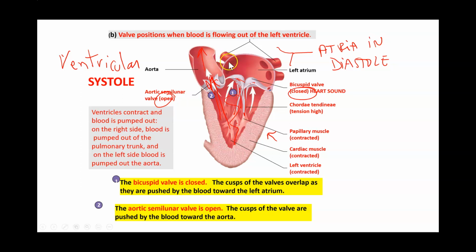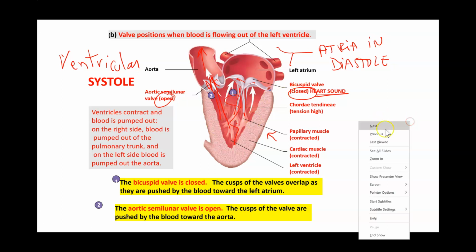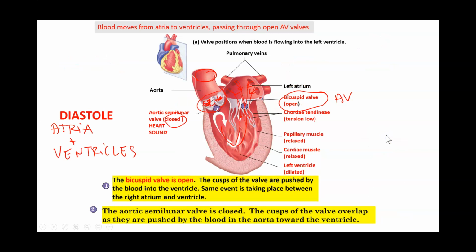Notice that it says here heart sound. The heart sounds come when the valves close. Just like if you slam a door, you'll hear a sound. Same thing here. When you close the valve, that's when the sound happens. So the first heart sound would happen when the semilunar valves close.